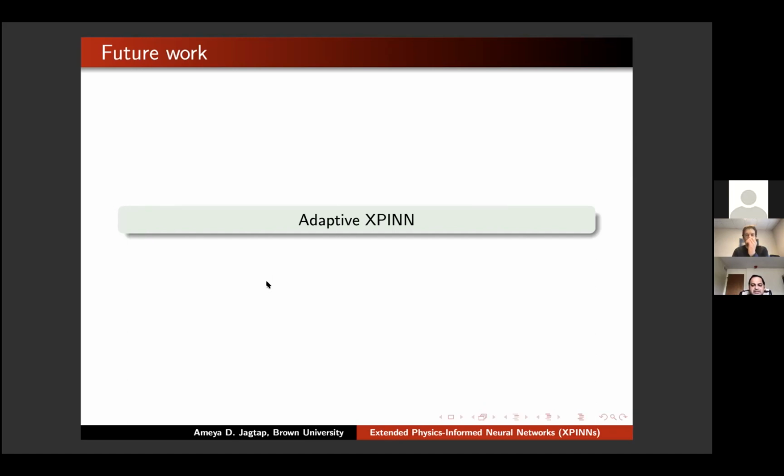And the third thing is how to choose the hyperparameters adaptively, that means using meta learning. These are the issues we are going to address in our future version, which we are working on now.